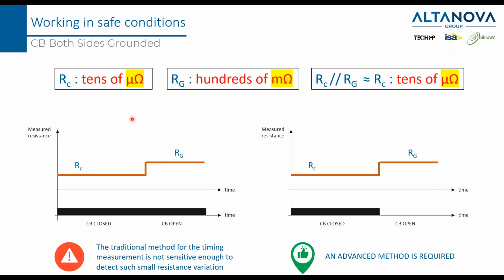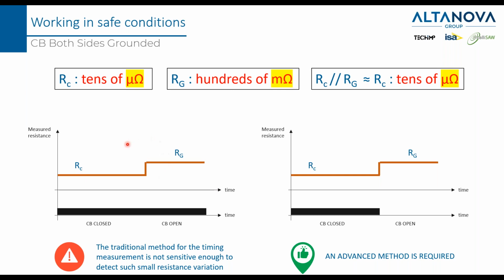To give you some ideas, the contact resistance is in the range of tens of microohms. The ground resistance is in the range of hundreds of milliohms. When the circuit breaker is closed, these two resistances are in parallel. But since this is much smaller than this, in the end, when the circuit breaker is closed, what you get is again the contact resistance.